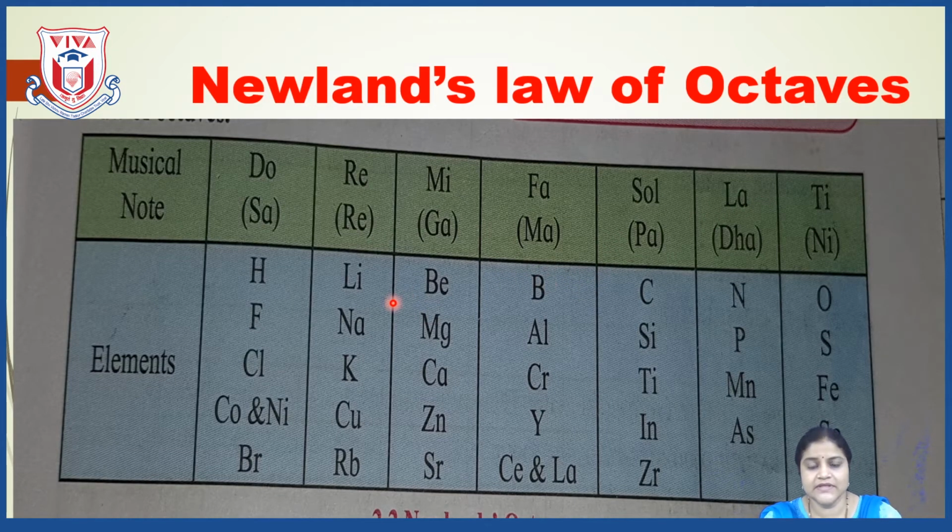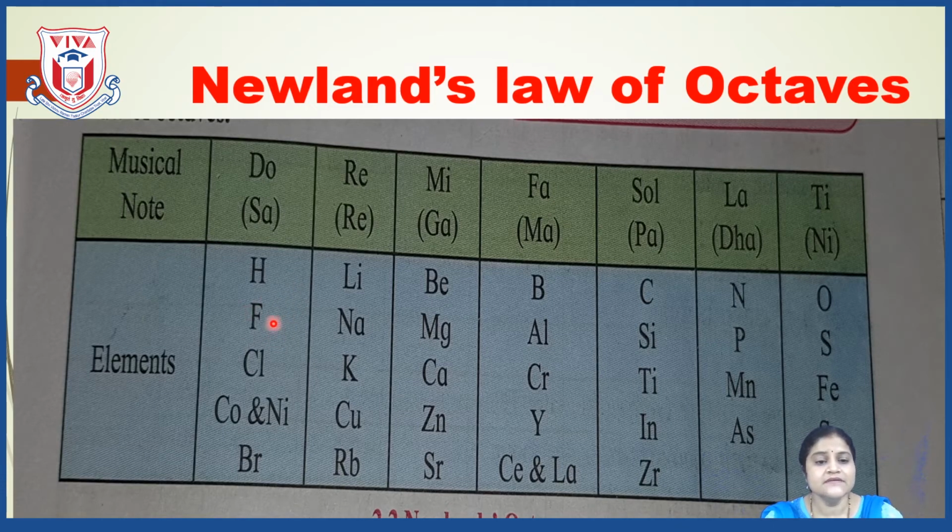After arranging them in increasing order, he found that the property of the first element was similar to the property of the eighth element, as seen in musical octaves. And so he named it Newlands' Law of Octaves. Here you can see that in one group we can have hydrogen, fluorine, chlorine, such elements, because they had similar chemical properties.